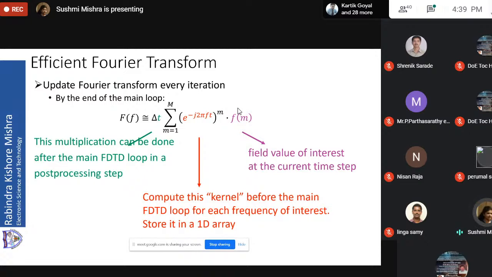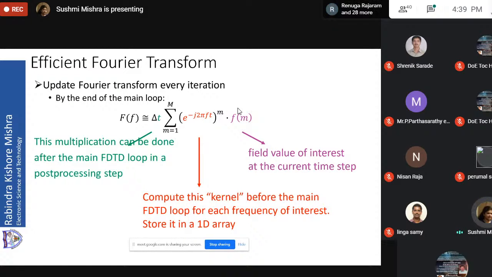Delta t times the summation of an exponential term to the power m into fm. Now delta t is a multiplication which can be done outside the main FDTD loop. The reason is it is not going to affect the FDTD algorithm at all because delta t is fixed. So there is no point in putting this within the loop.